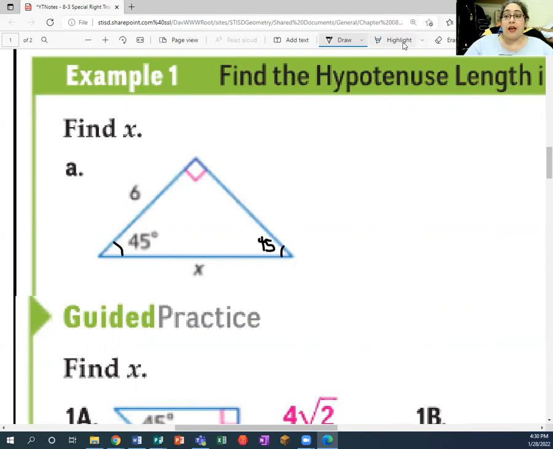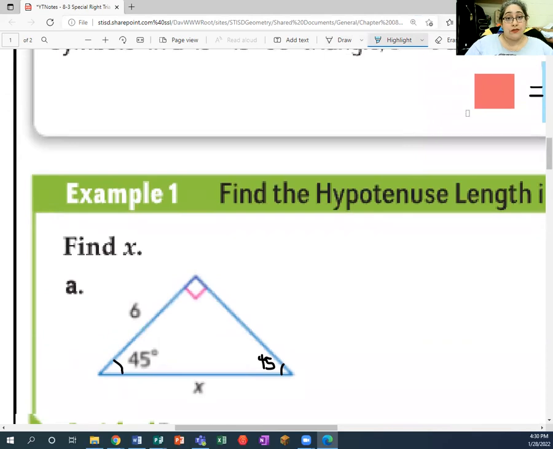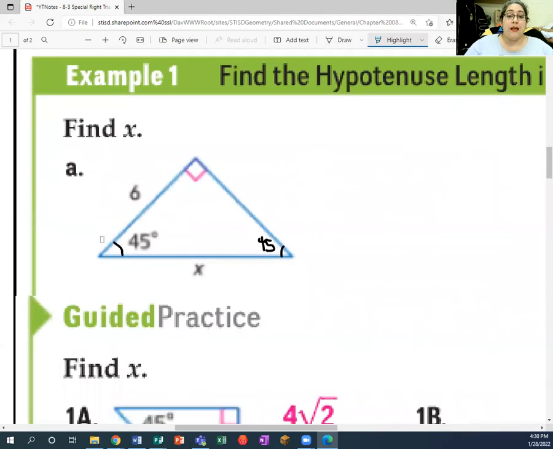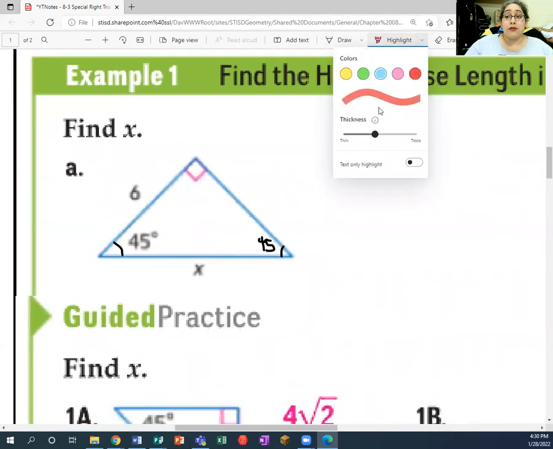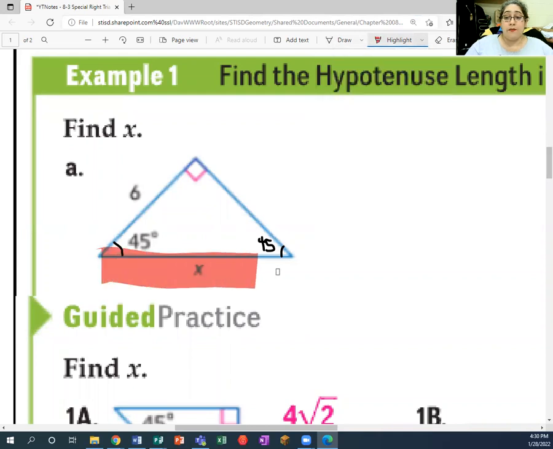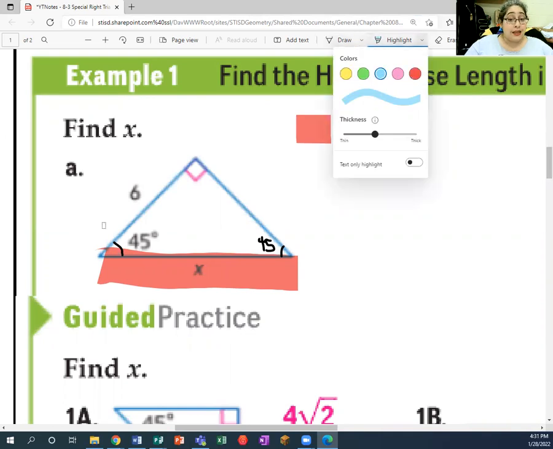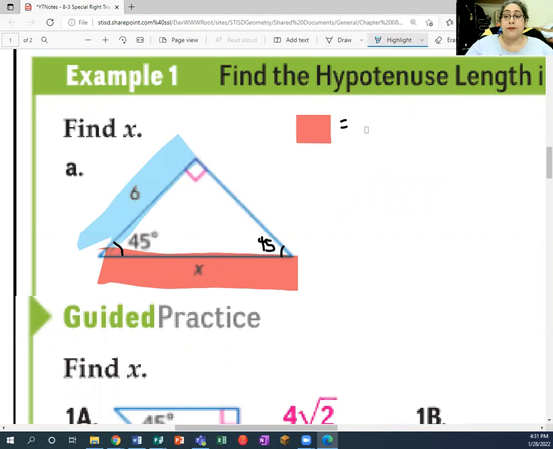That means I can use my little special formula that I developed up at the beginning that says that my hypotenuse, which I'm going to color in red, is equal to whatever the measure of the leg is, just one of the legs, times the square root of 2.